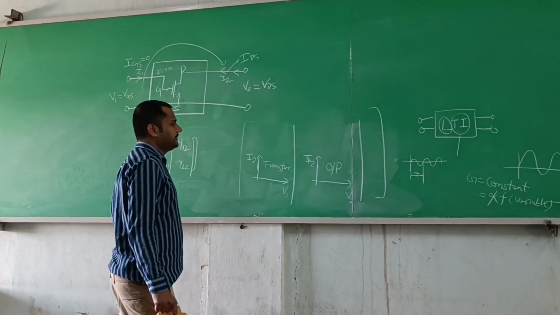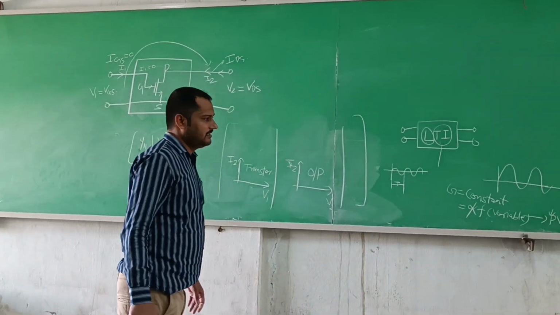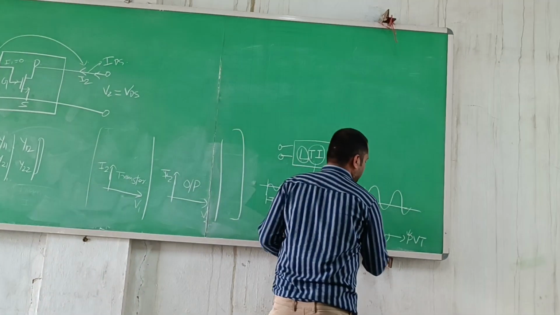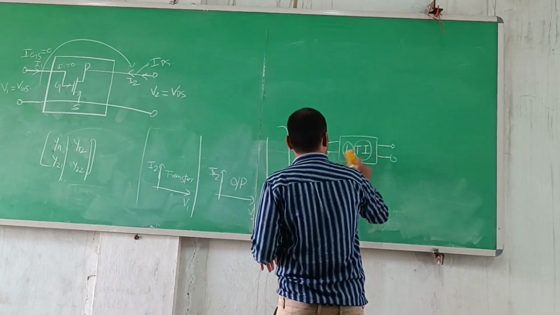Now, in our offline class, we already derived the ID versus VGS equation.